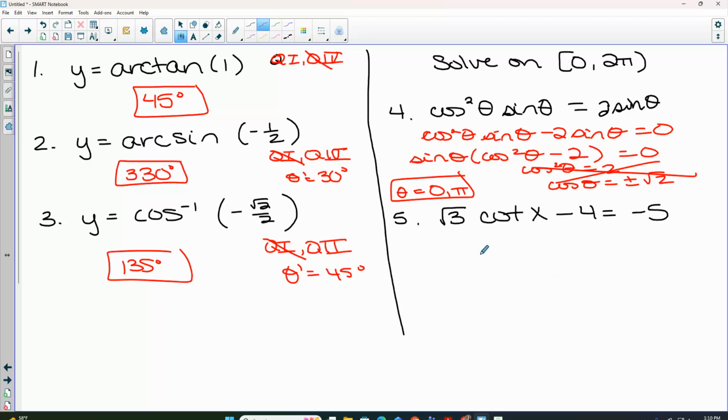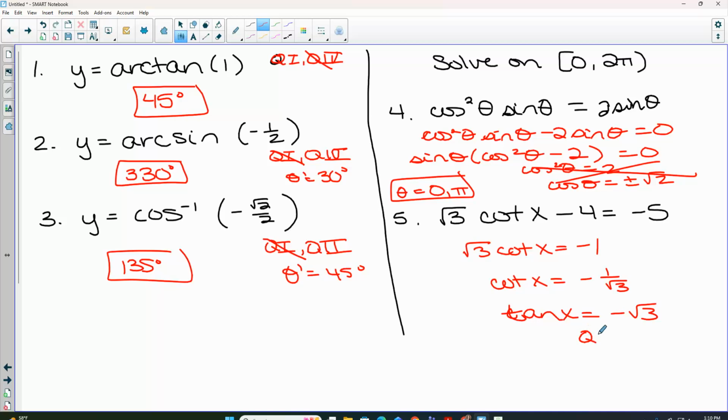All right, number 5, we can get our cotangent by itself. Okay, if cotangent is -1 over the square root of 3, that means tangent is the reciprocal, which is negative radical 3.